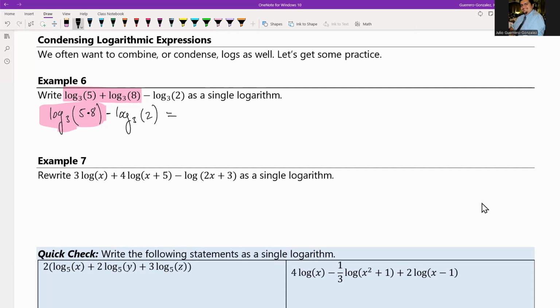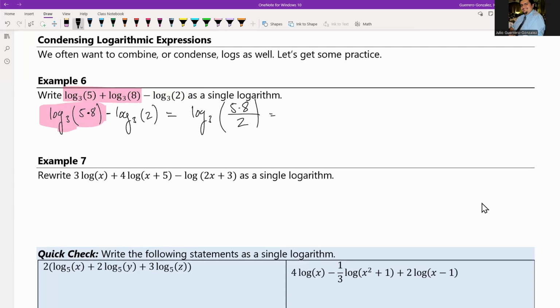If we have the subtraction of two things, I can grab the first one divided by the second one. So this can be reduced to log base 3 of 5 times 8 divided by 2.